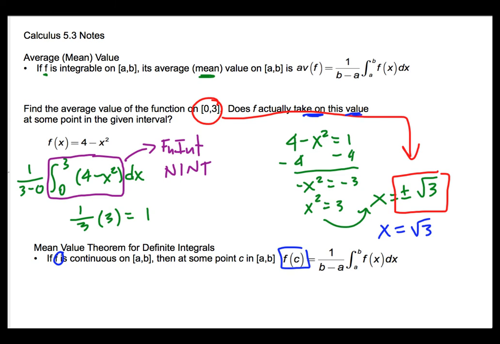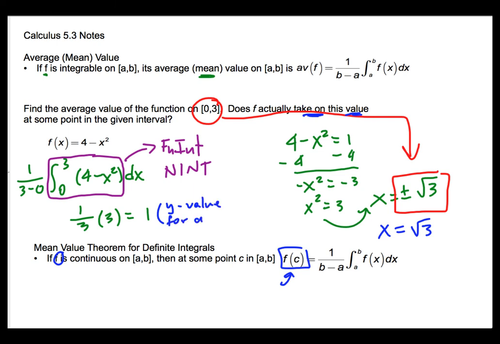So when you do the numerical integral and multiply it by 1 over b minus a, you're getting a y value that represents the average.